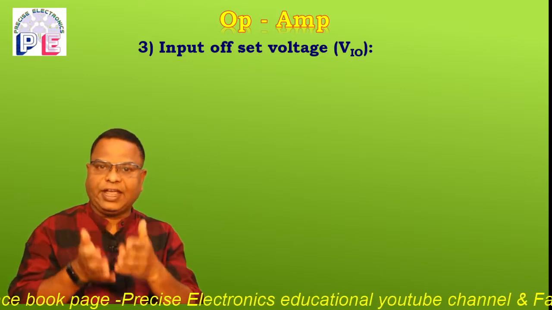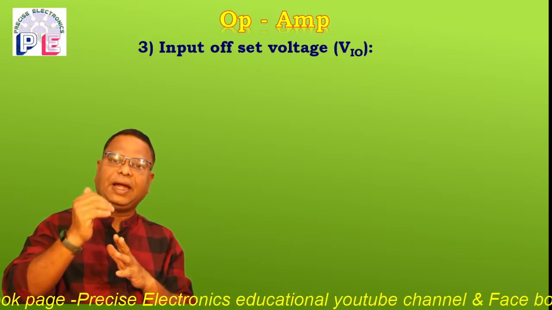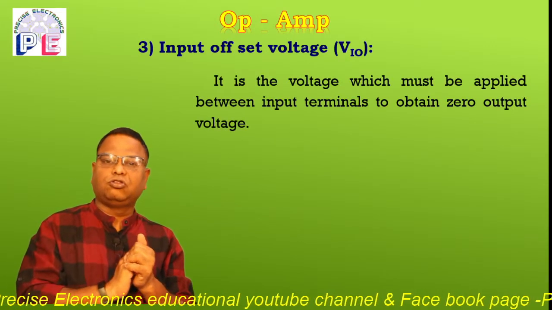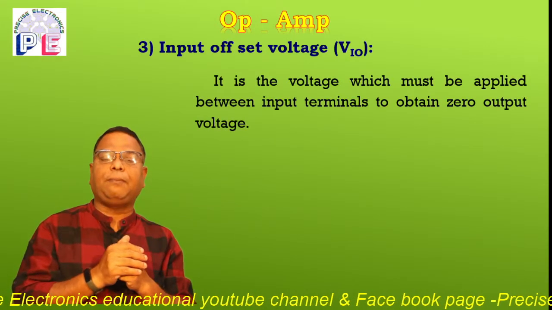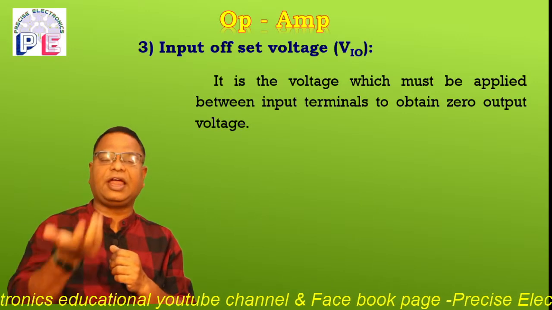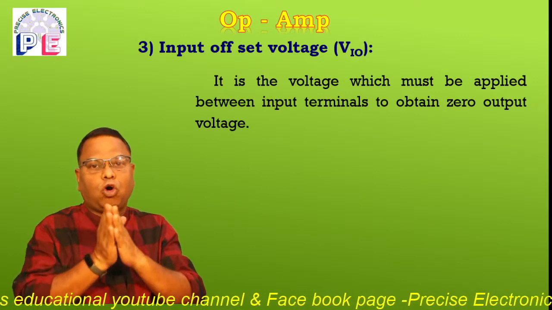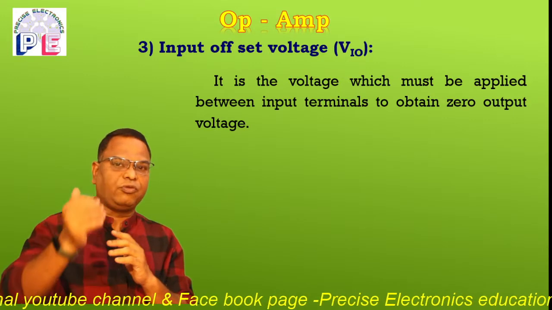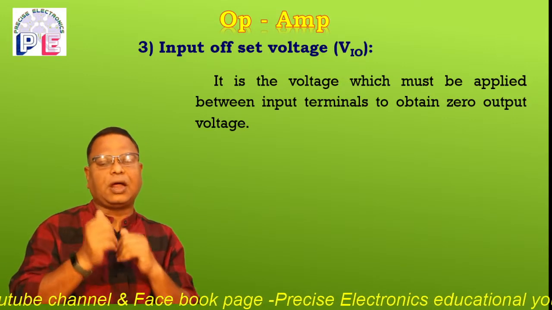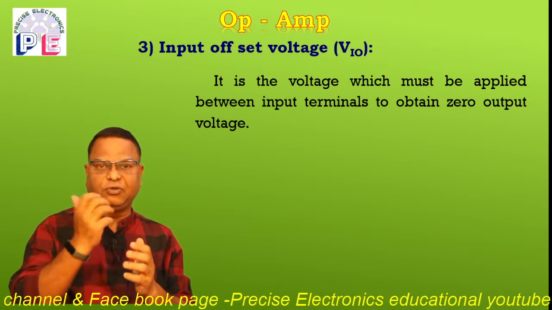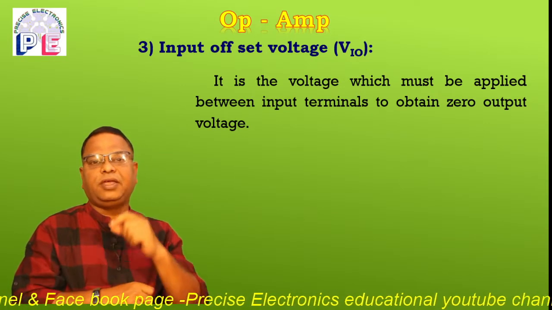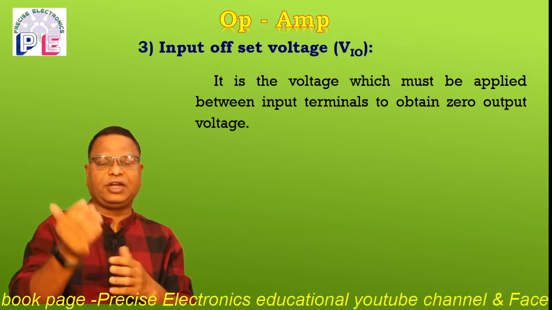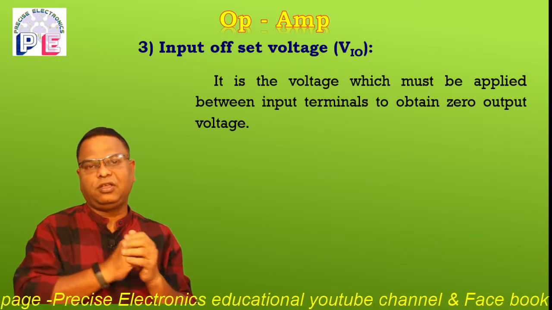It is the voltage which must be applied between the inverting and non-inverting input terminals to obtain zero output voltage. Obviously V1 and V2, which are applied to the inverting and non-inverting terminals, must be of the same magnitude. So V1 is equal to V2, and the output must be 0.